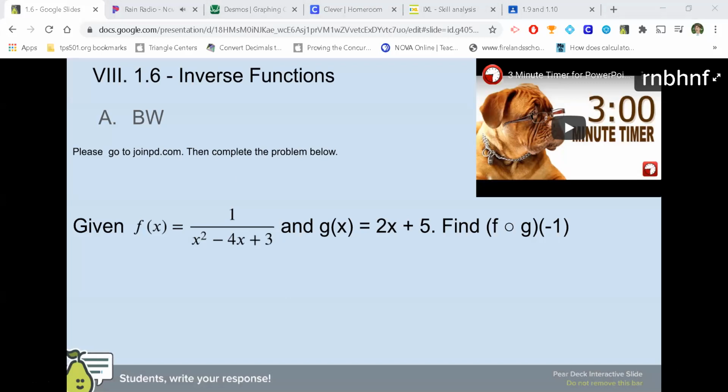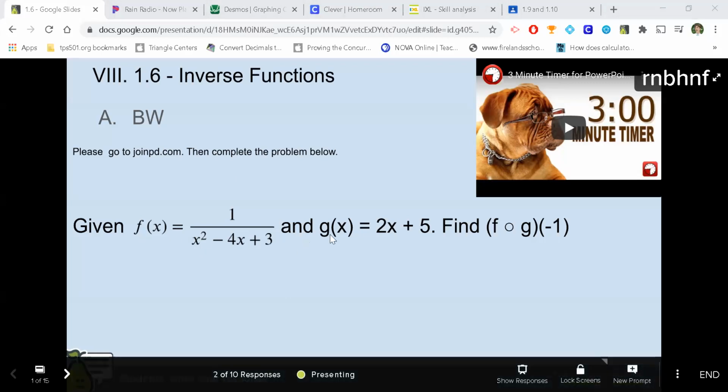All right. So given these two functions, find f of g of -1. I'll give you 3 minutes, and then we'll go over it, then start inverse functions.